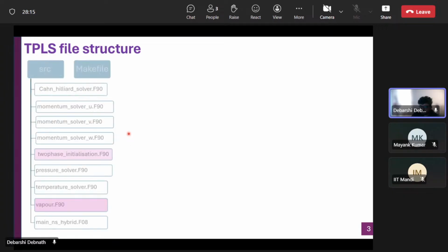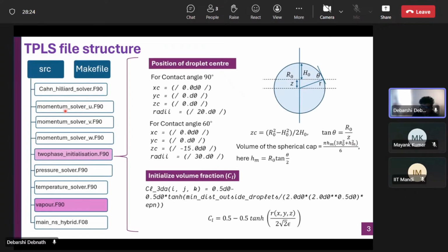So I'm just going to go through a little bit. In TPLS we have these main source files, where each file corresponds to a solver, like the Cahn-Hilliard solver for the Cahn-Hilliard equation, and the momentum solvers U, V, W for the momentum equation in X, Y, and Z direction.